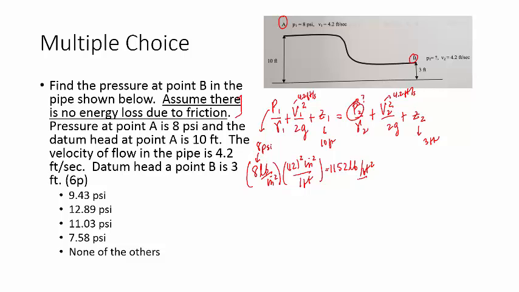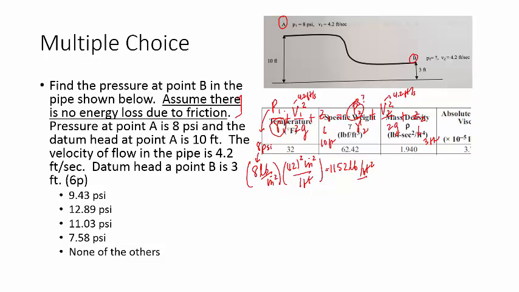And then whenever we look at the specific weight, you just look in the FE exam manual. It's about 32 degrees Fahrenheit. This could change depending on what temperature you use, but we'll use 62.4.